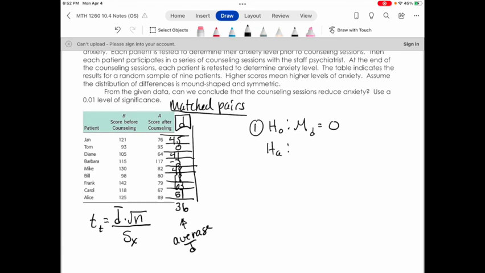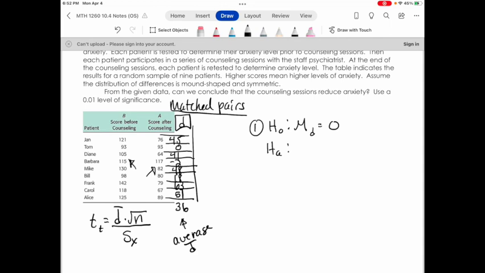Now, for us, in this specific example, we want to see if the counseling sessions help reduce anxiety. So we're looking to see if these scores here in the first column before counseling, and then we look at the second column, which is the after counseling, we want to see if that second column is going to be consistently lower.